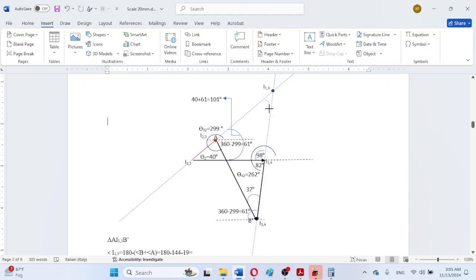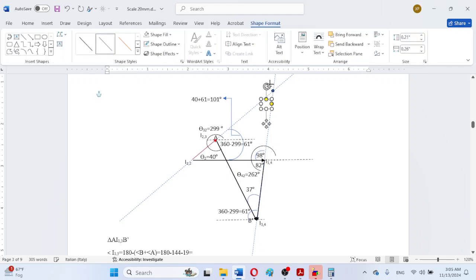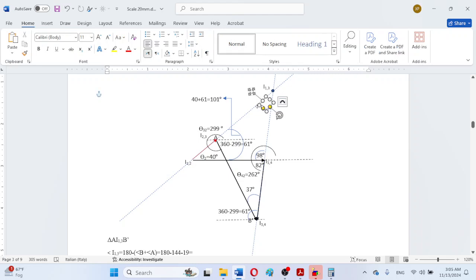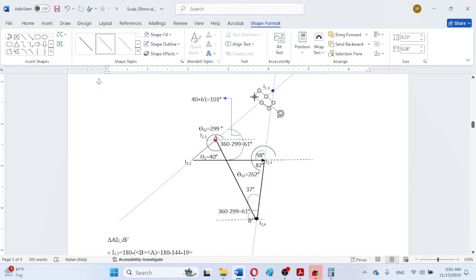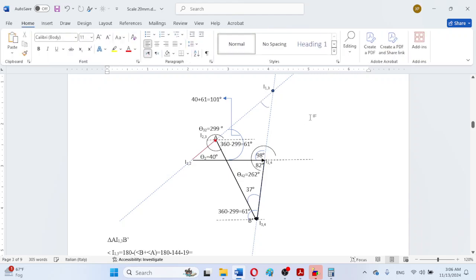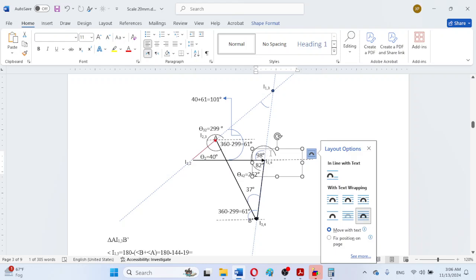So just for example, use this symbol here, or we can rotate it here like this, and now paste some label here.